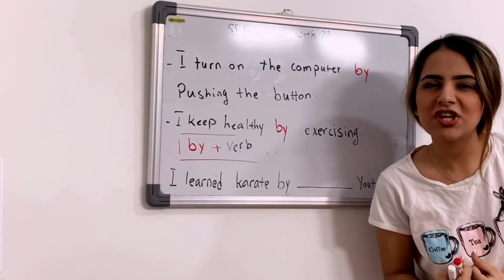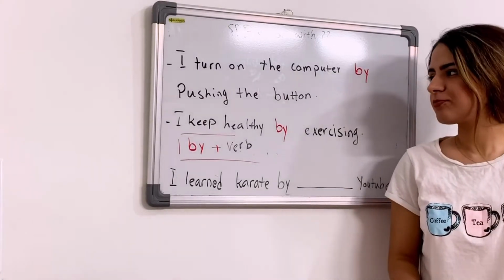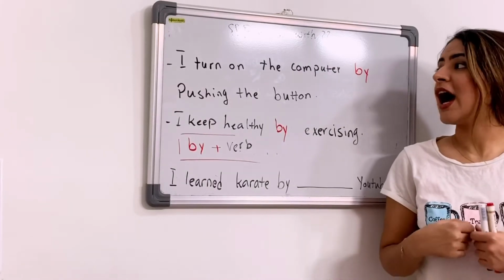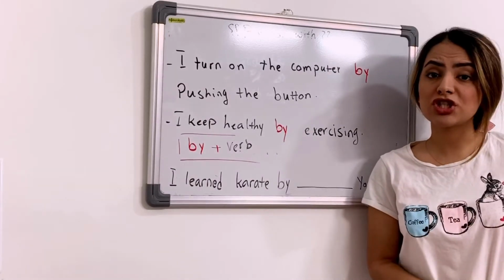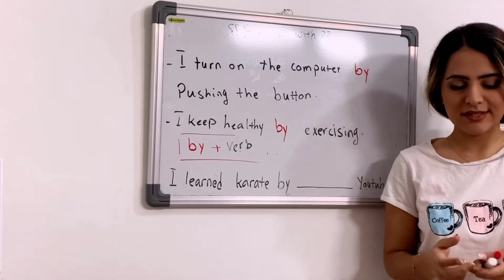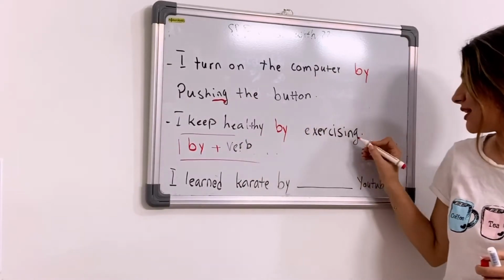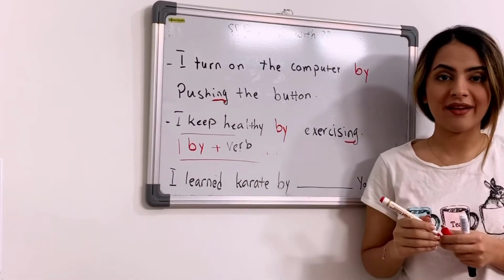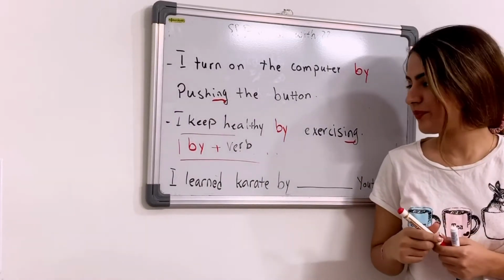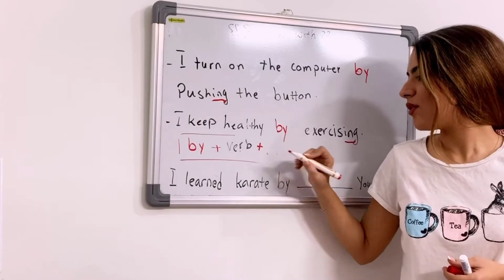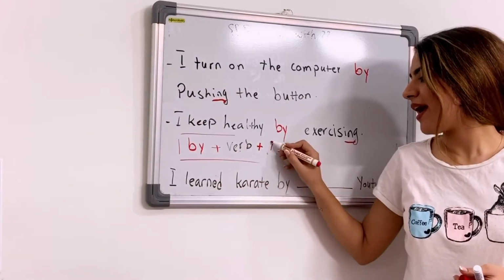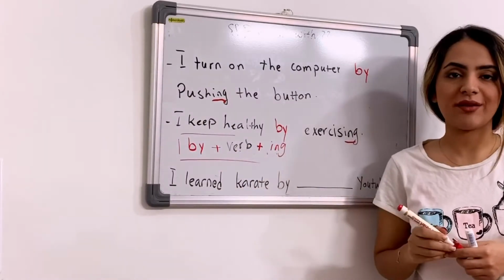Again, do you see a pattern here? Can I say I turn on the computer by push the button? Yes, you are right. I can't do that because I need the ing at the end of the verb. So by verb and ing.